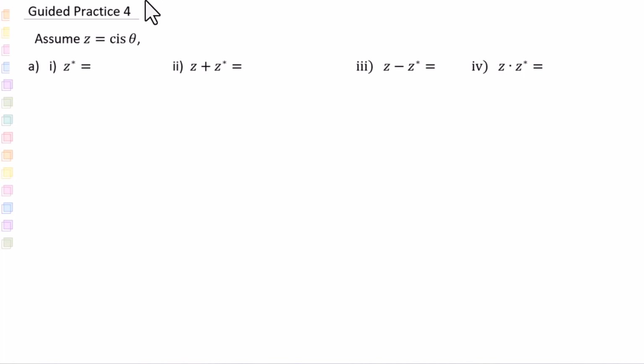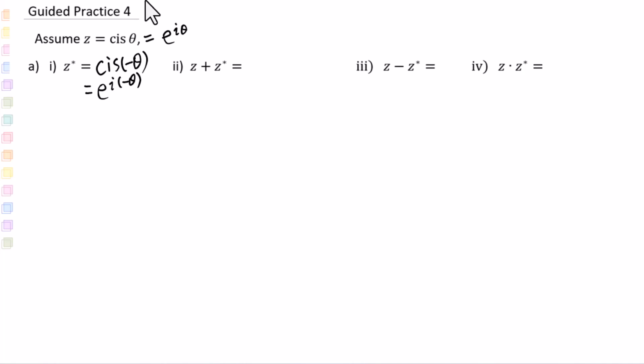Let's go to guided practice 4. Assume z equals cis theta, which means e to the power of i theta. The conjugate of z equals cis negative theta, or you can write e to the power of i times negative theta.